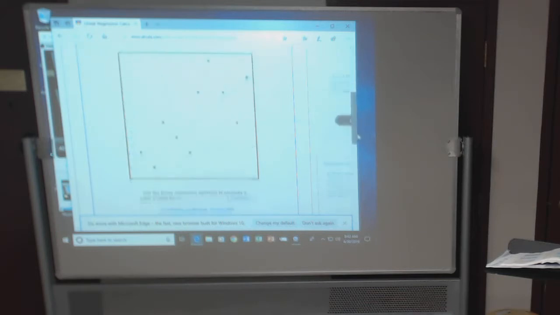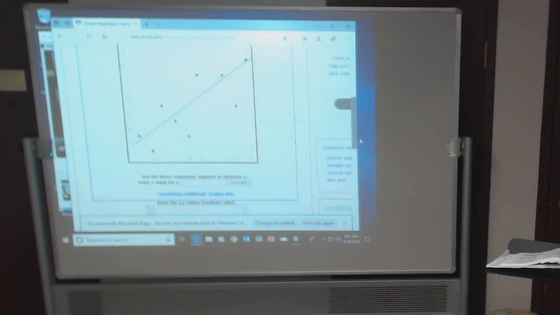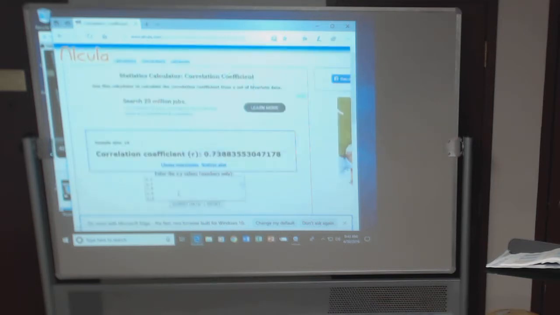What else did it say to find? Correlation coefficient. Whoa! The correlation coefficient is 0.73. So 0.74. I'm just going to say 0.74. Round it off to those two places.